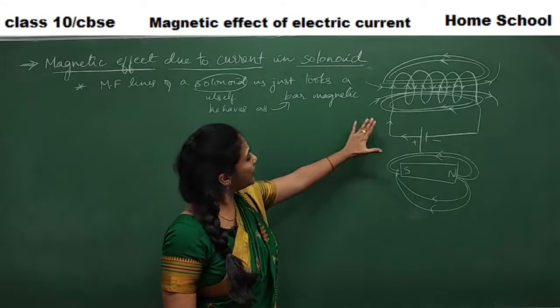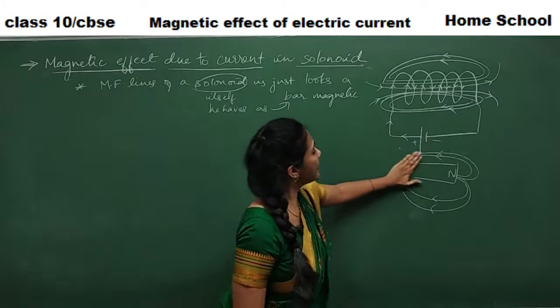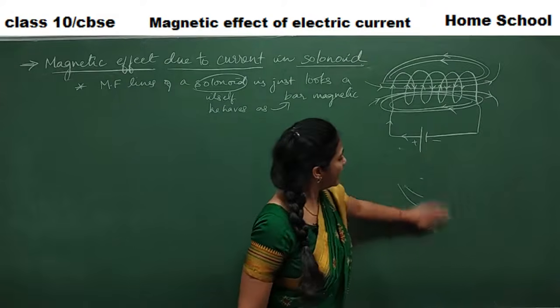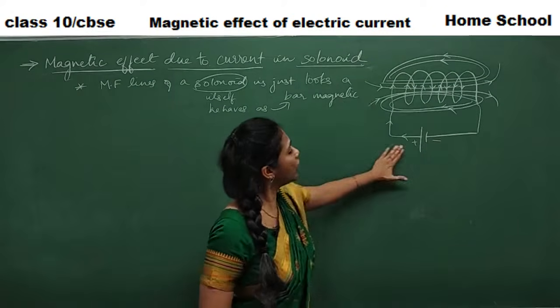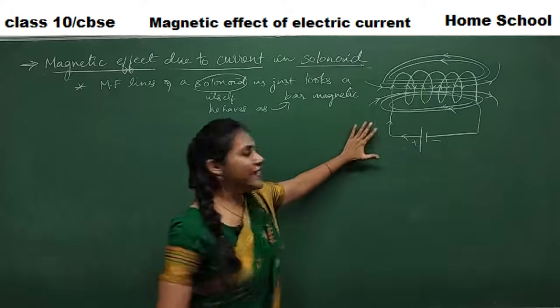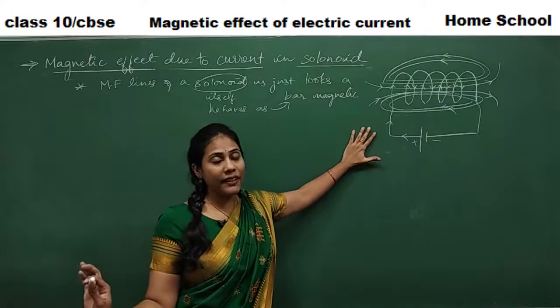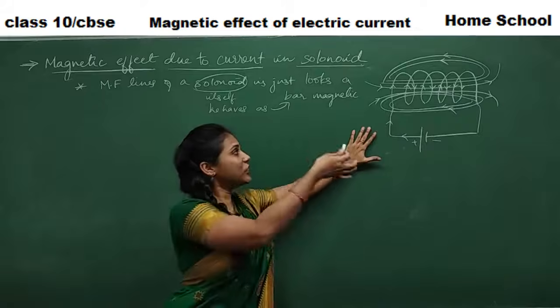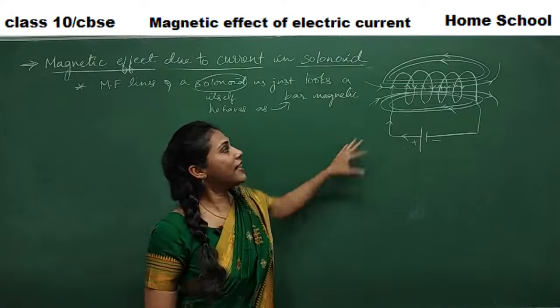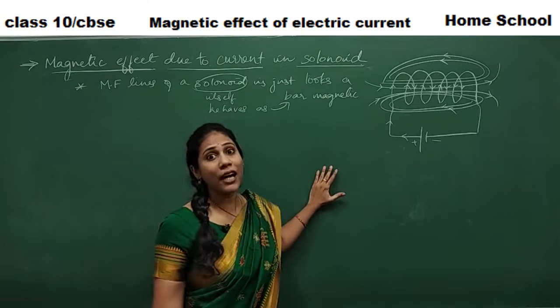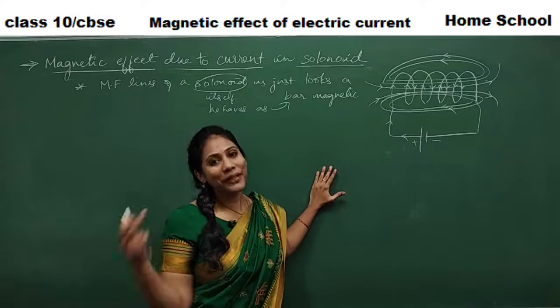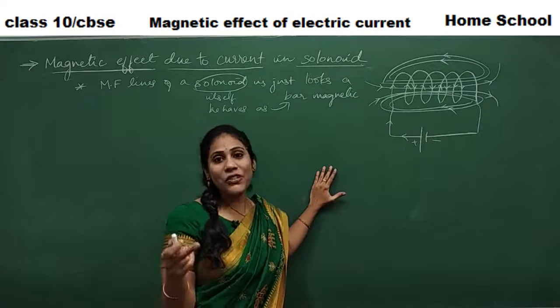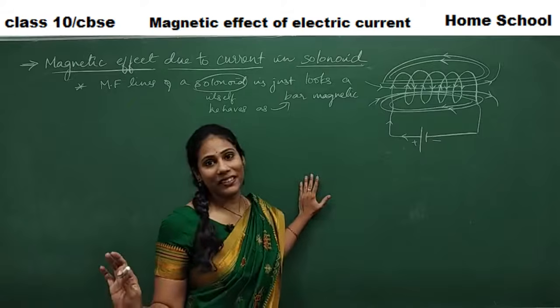Now, how do you decide which is the south pole and which is the north pole here? Once I said the solenoid has become a bar magnet, you should be able to tell which side is the north pole and which side is the south pole. How do you decide that? You can decide that based on the direction of current.